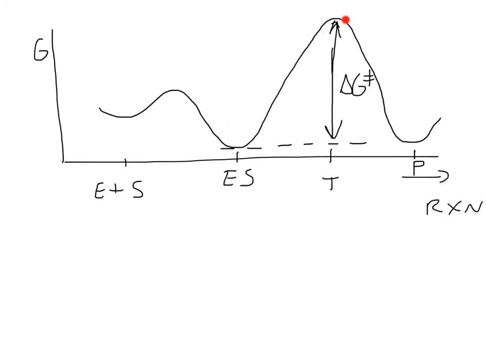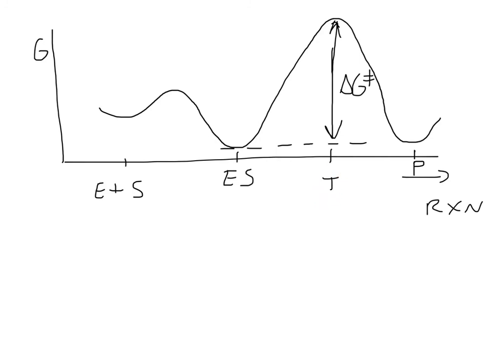But this state right here is fleeting. When the system moves to this state, it rapidly falls down to either side. And the product is a well-defined state. So the transition state itself is not really a thermodynamic state in the same sense as the others, and it's difficult to observe experimentally.